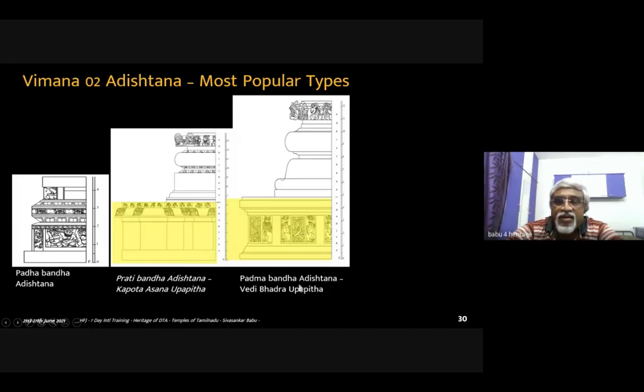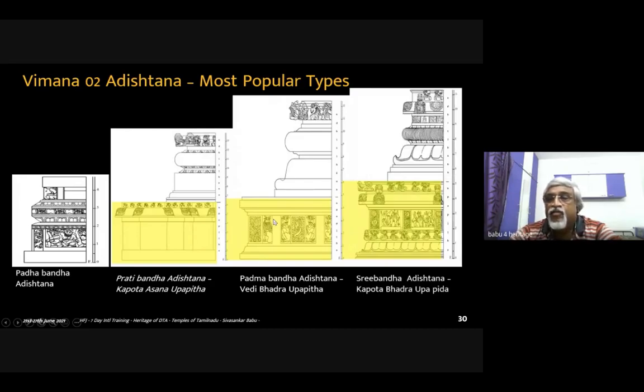And the Upapida part is also ornamental. The most complex one is a Sri Bandha Adhisthana, where you have a lot of embellishments. You have this Vari, you have this Kapota, the Kampu is ornamental, your Kumudam is with a lot of drawings, and then you have Padma.